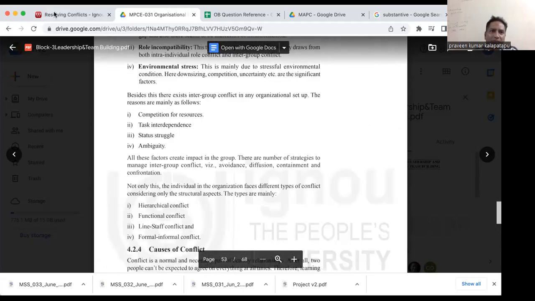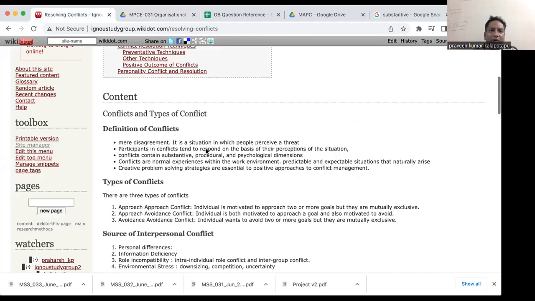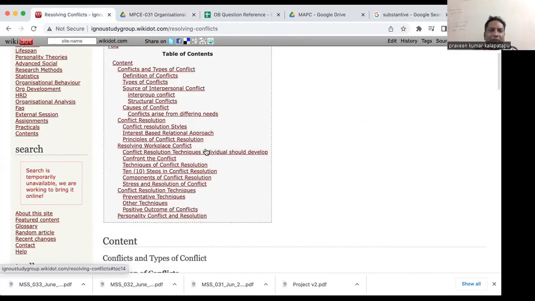Just going over what exactly we have done on conflict management, we learned about the definition of conflict, types of conflict, what causes conflict, conflict resolution styles, principles of conflict resolution, the interest-based relationship approach, and 5 different styles of conflict resolution.